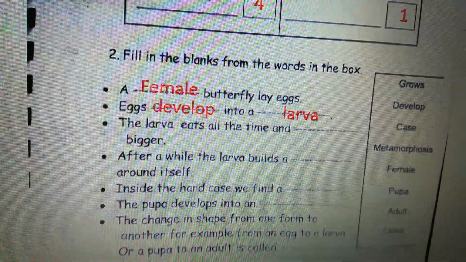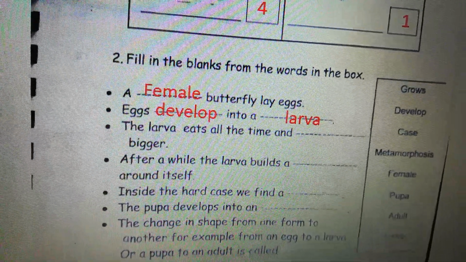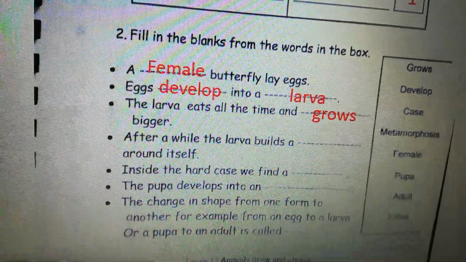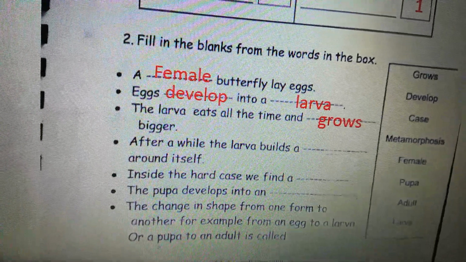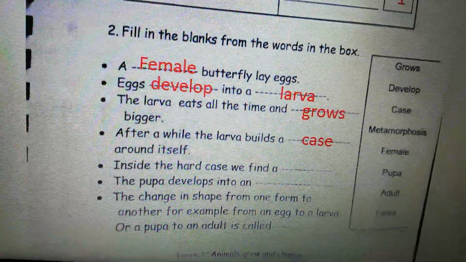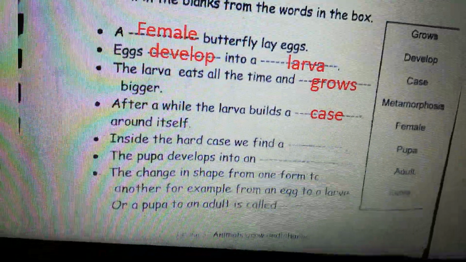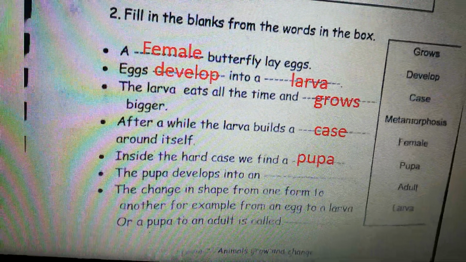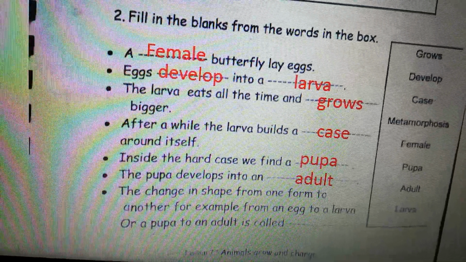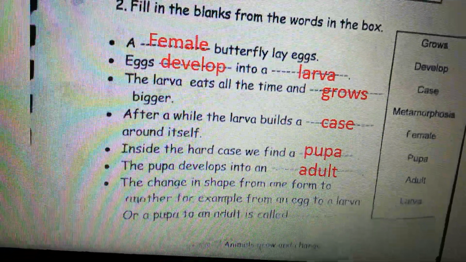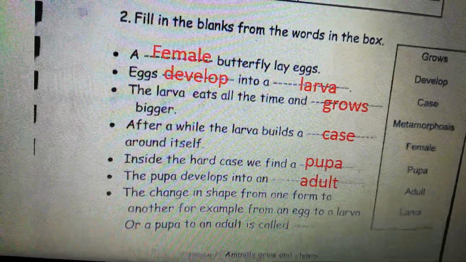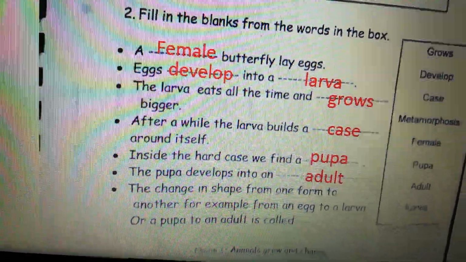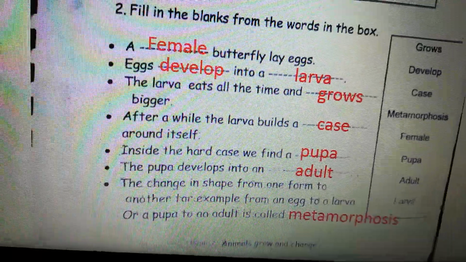The larva eats all the time and grows bigger. After a while, the larva builds a case around itself. Inside the hard case, we find a pupa. The pupa develops into an adult, and the change in the shape from one form to another, for example, from an egg to a larva or a pupa to an adult, is called metamorphosis.